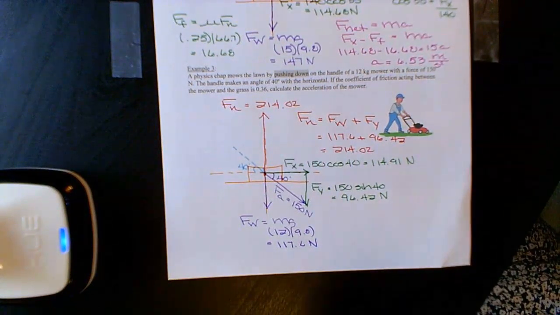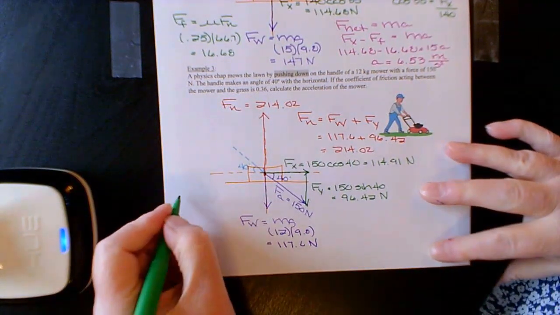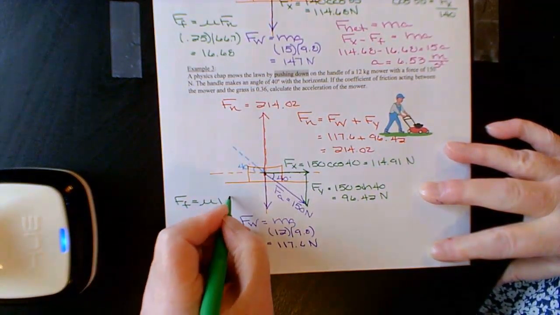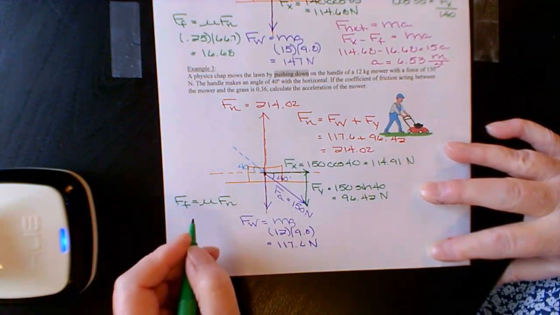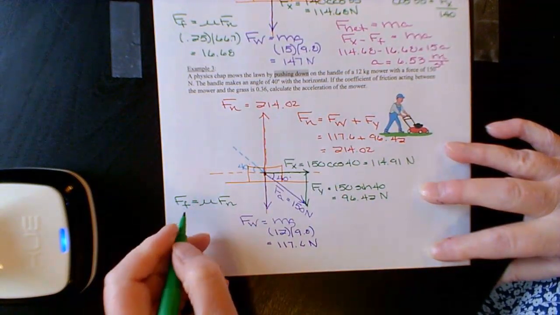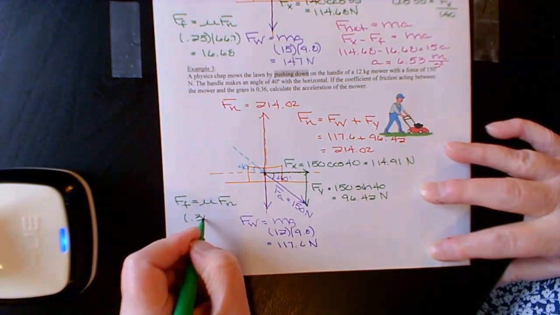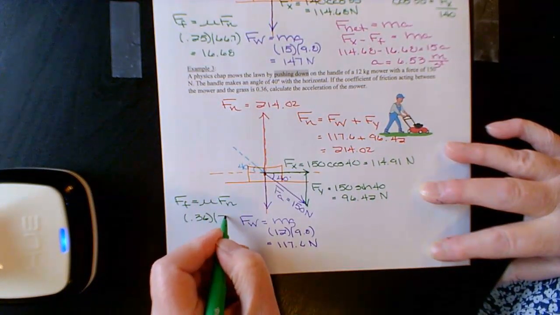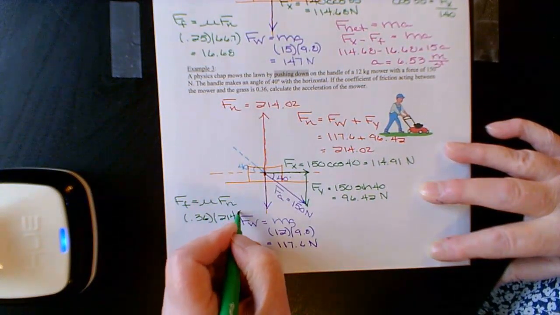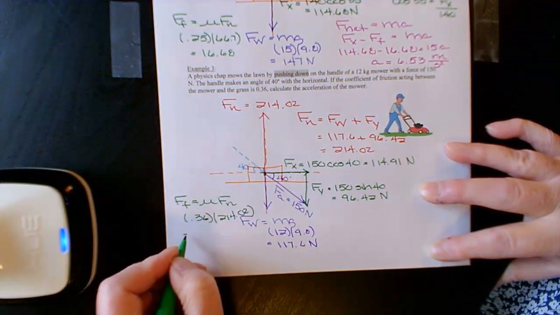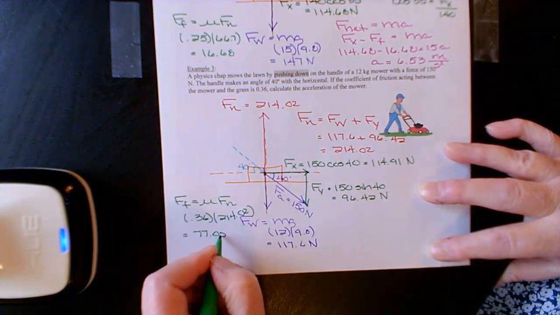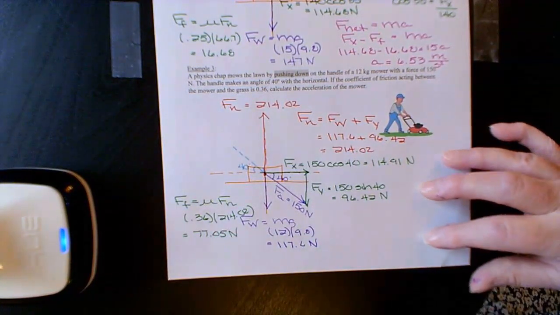All right, and I also have friction in my story. So let's go over here and calculate the frictional force that's present. The coefficient of friction is 0.36. We just found the normal force of 214.02. So the friction is 77.05 newtons.